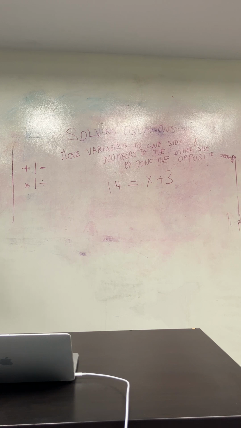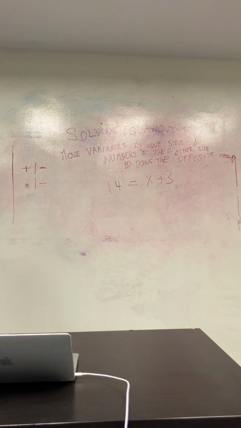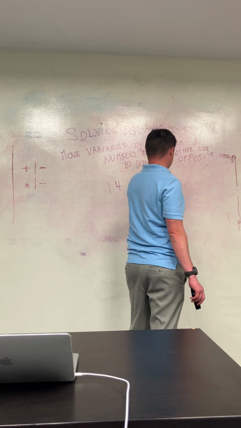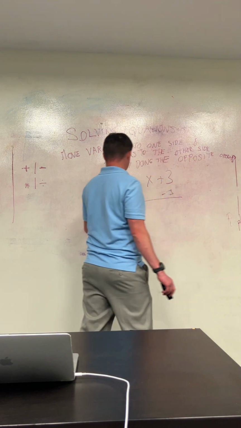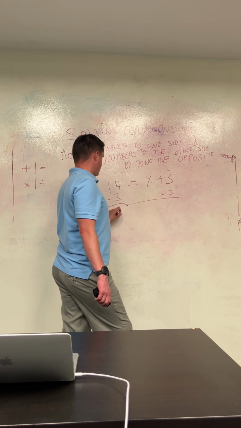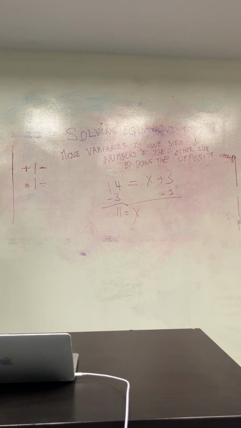I'd recommend doing the 3 because you want to get the letter on its own. So then the 3 and 3 cancels out? Yeah, and what are you doing to the 3? You're subtracting. So what do you do to 3 over here? Subtract as well. So the answer is 11? Yep, the answer is 11 equals x.